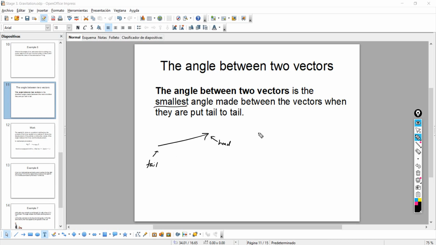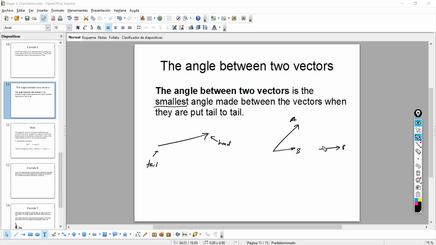Very simple idea. Now, if you have two vectors, let me draw vector A. I'm going to call this vector A, and I'm going to call this vector B. Okay? And when I put them tail to tail, that means basically sliding one of them so that the tails coincide. For example, let me pick up B, and I'm going to slide it, keeping its direction, so that the tail of B coincides with the tail of A. So it's going to look like this.